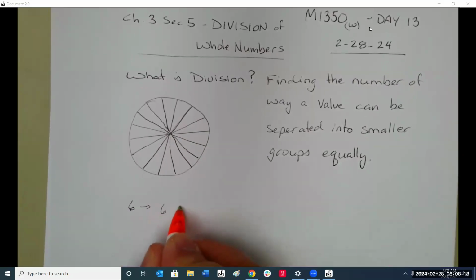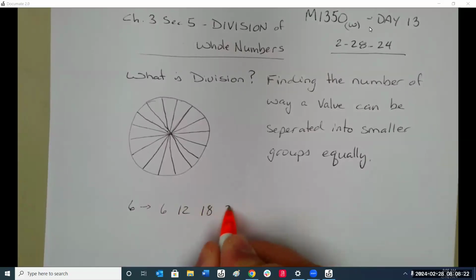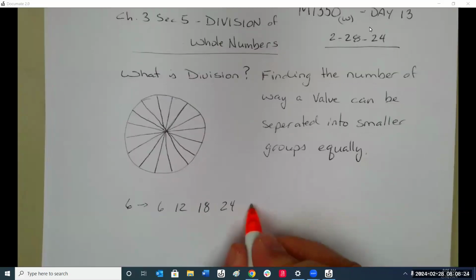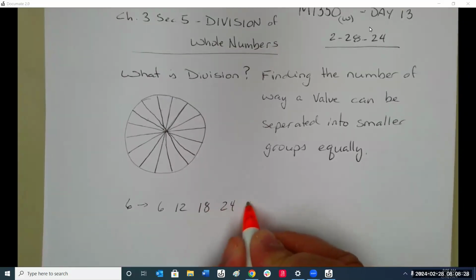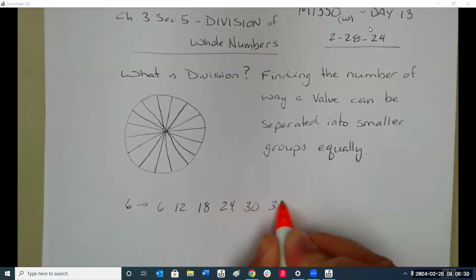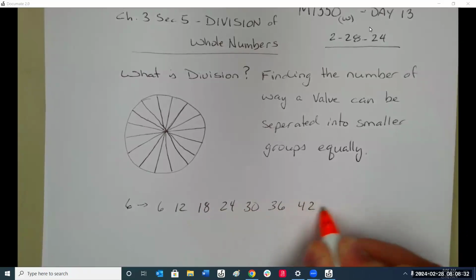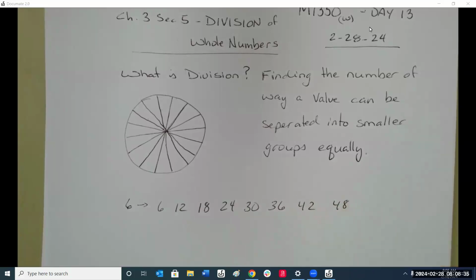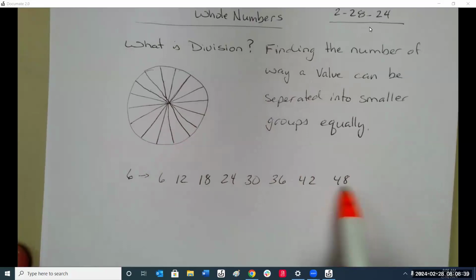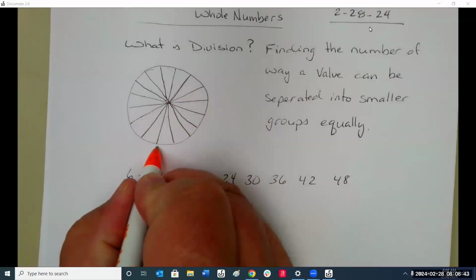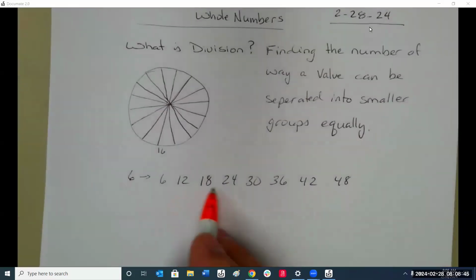There's 6 times 1, 6 times 2, 6 times 3, 6 times 4, 5. And we keep on going until, if we do it this way, until we have that many number of pieces. Because we have 16 pieces now. Is 16 in there? No.